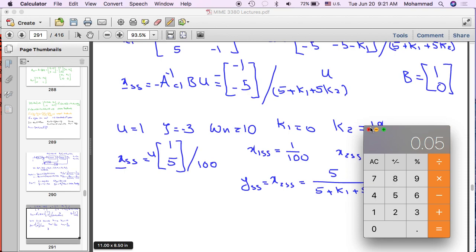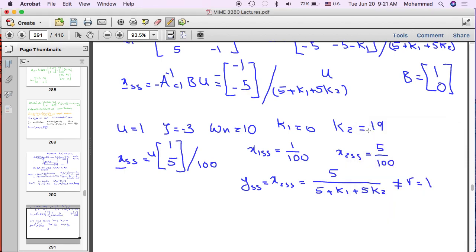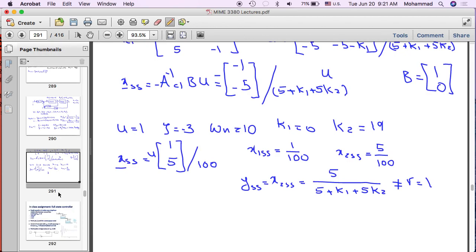So that's why even though the two controller gains are different, the value of y steady state is still 0.05, and that's why 20 would still work. But still, we want to solve this problem in a general sense. So let's go ahead and try to figure out a way to find Kr that solves this problem in general. That's going to be our mission.